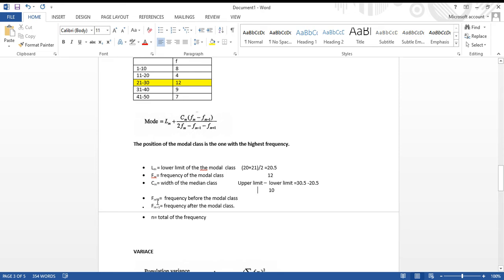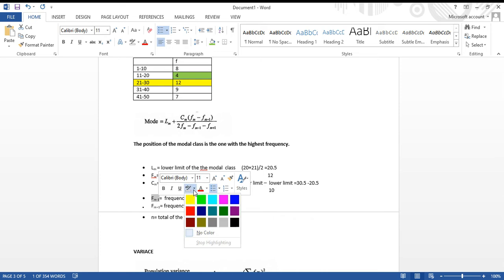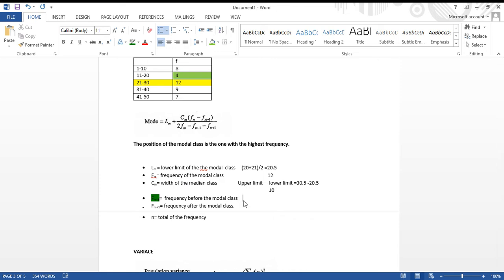F sub m minus 1 is the frequency of the class before the modal class, so it's going to be 4 here. Let me mark it with this color so we can identify it.